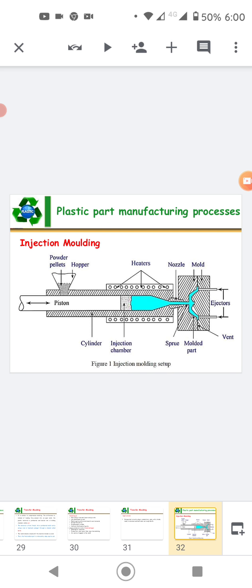Injection molding is used for molding of thermoplastic materials. However, many reciprocating screw machines have the capability of handling thermosetting materials. In this technique, a measured quantity of material is fed from the hopper into the chamber for each cycle.